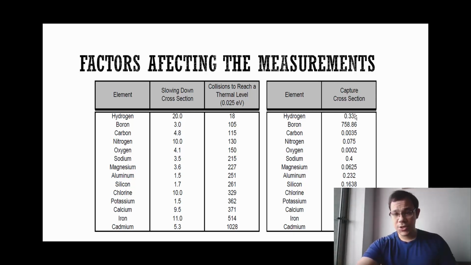And the capture cross-section is the probability that an atom will absorb a neutron with low energy level.